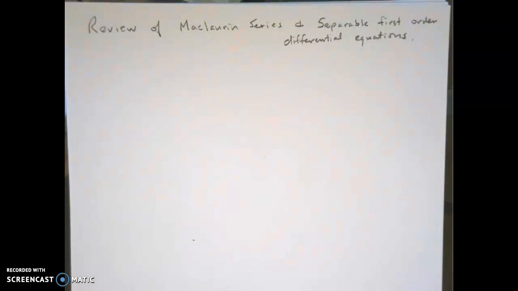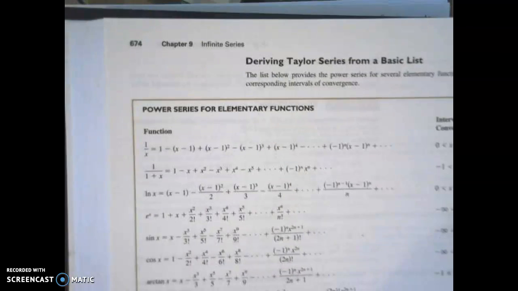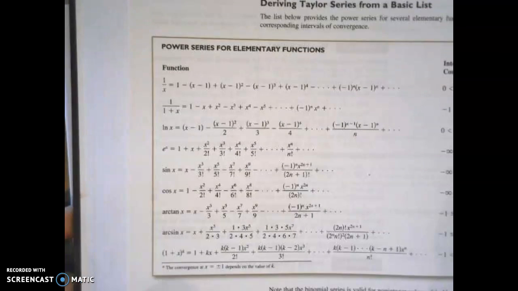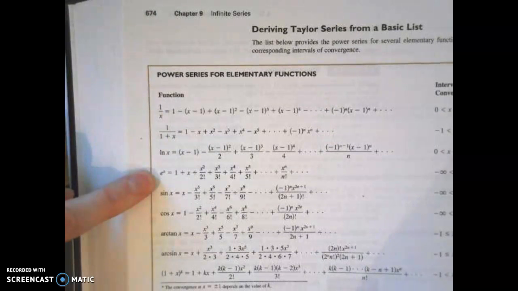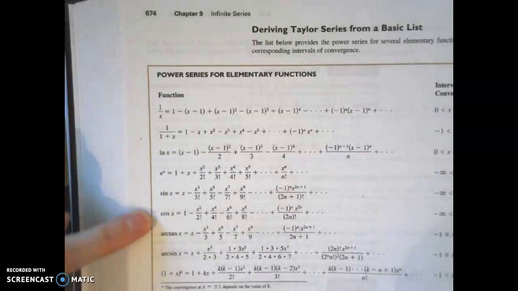Okay. First thing I want to talk about is the review of the Maclaurin series. If you look at your textbook, this is page 674, there's a good list of the basic Maclaurin series. Probably the ones you're most familiar with are e to the x, sine x, and cosine x.